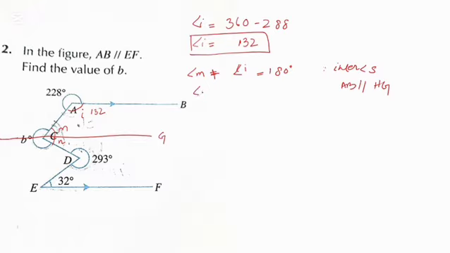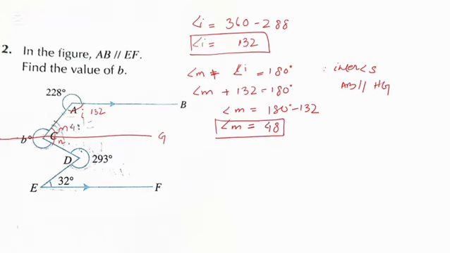Therefore, angle M plus angle I, since we know that is 132 degrees, therefore angle M would be 48.